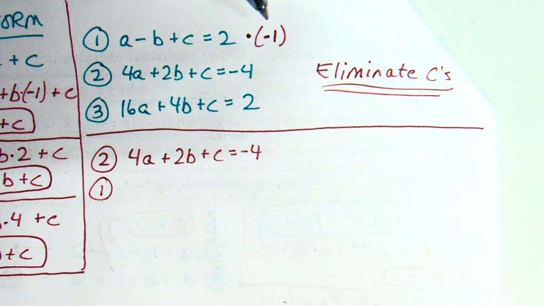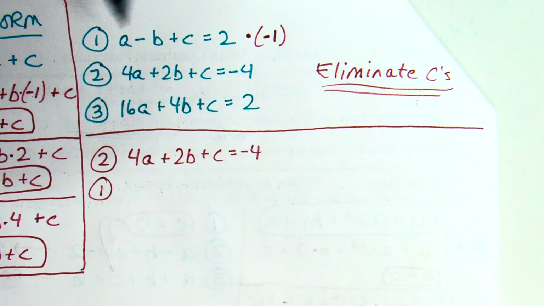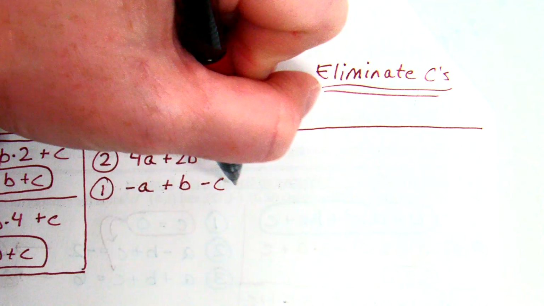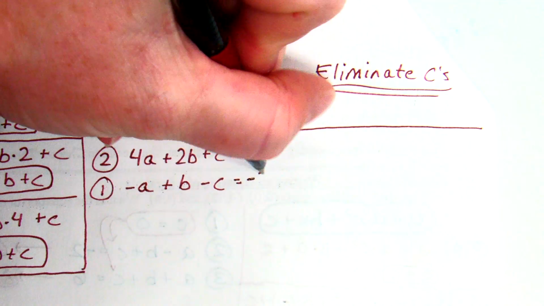What did I suggest I was going to do to 1? Multiply by negative 1. So it's negative a plus b minus c equals negative 2. I have a plus c and a negative c, so my equations are set up to cancel the c's.